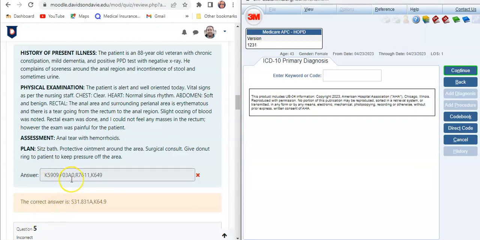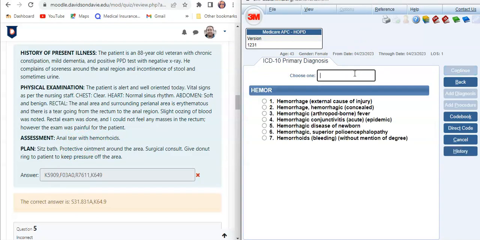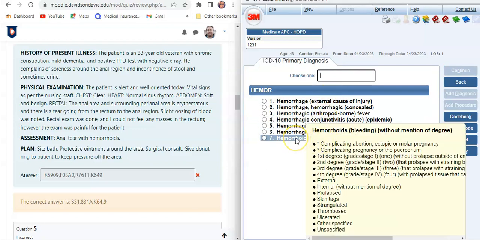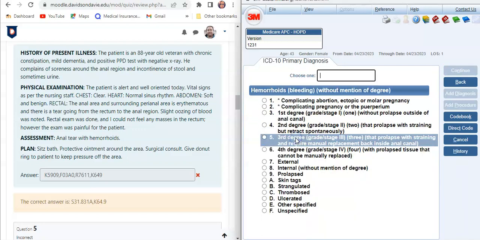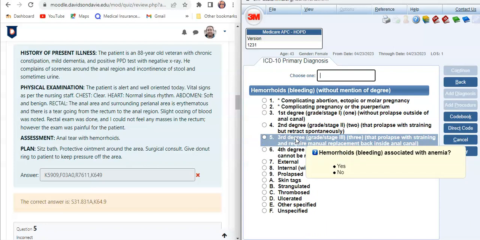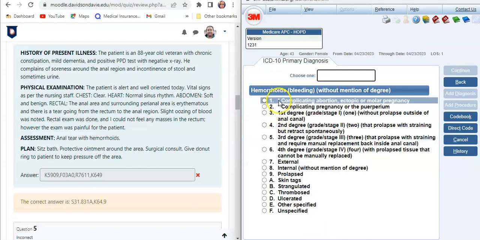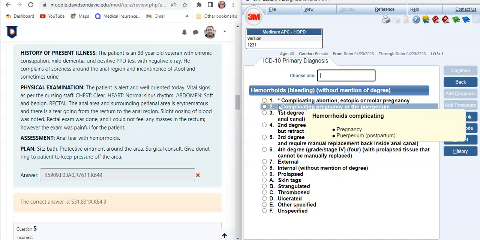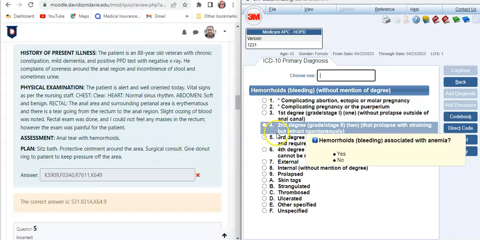And the next one is going to be the hemorrhoids. So we're just going to type in hemorrhoids. And it really doesn't give any specifics.